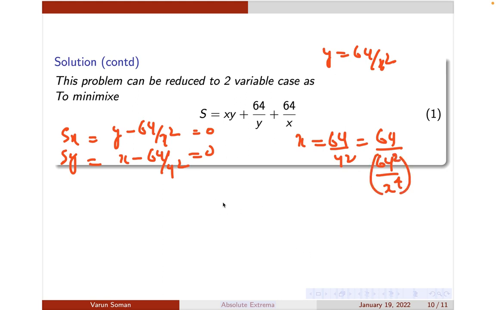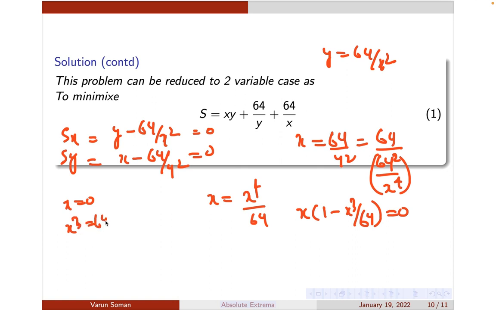When you simplify, you get x equal to x raised to 4 by 64, or x into 1 minus x cube by 64 is equal to 0. So either your x is equal to 0 or your x cube is equal to 64, so either x is equal to 0 or x is equal to 4.